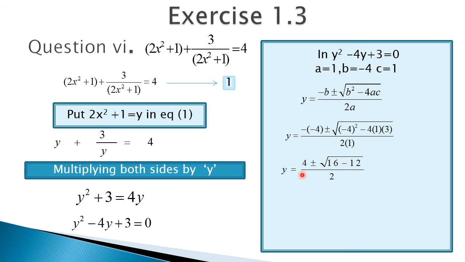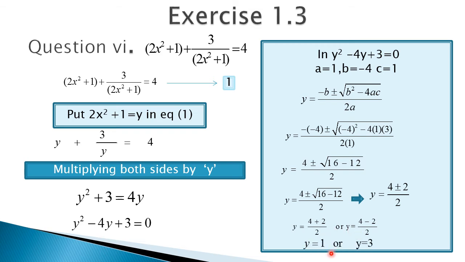Students, when we further simplify it, our answer is y equals to 4 plus minus 2 over 2. 16 minus 12 gives us 4 and 4 is a perfect square of 2. Now once we have to write down our equation with the plus sign and once with the minus sign. After that, the value of y is equal to 1 or y is equal to 3.